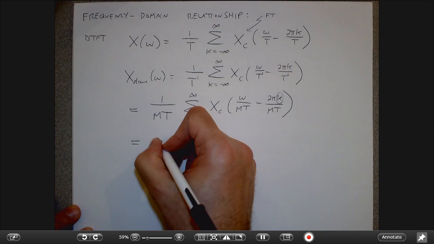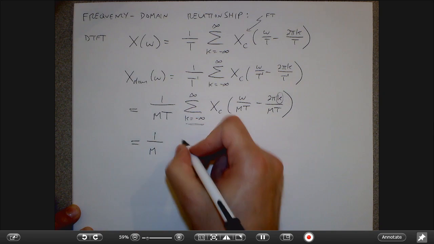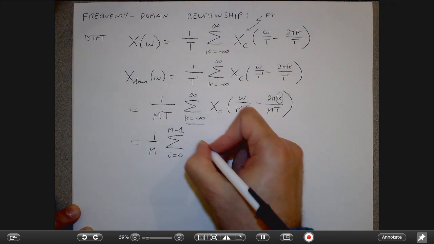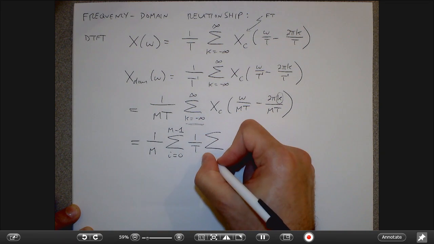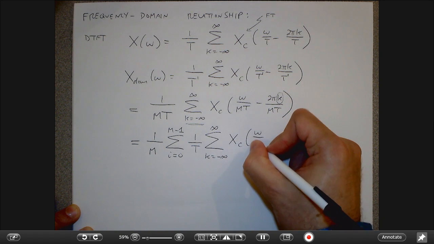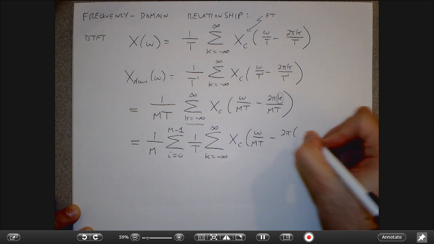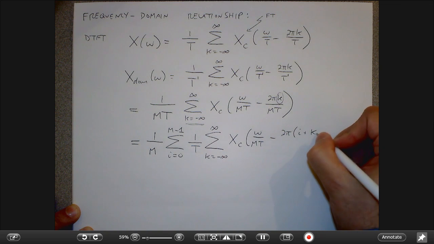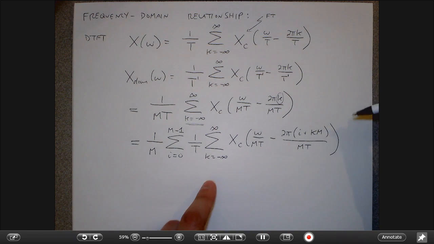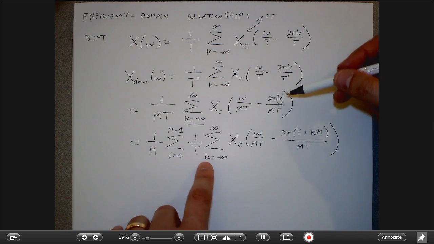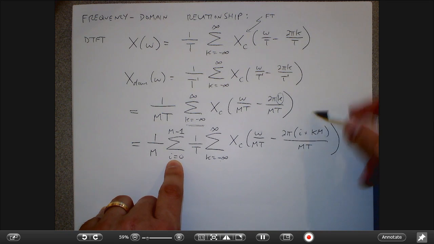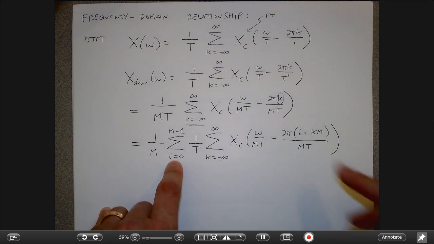So I'm going to take the M out here and have one sum that goes over M, and this sum is going to go over multiples of M. This part stays the same, and all I'm doing is rewriting k to be i plus kM over MT. So I've turned this sum into this, where the inner sum, when k equals 0, goes from 0 to M minus 1.